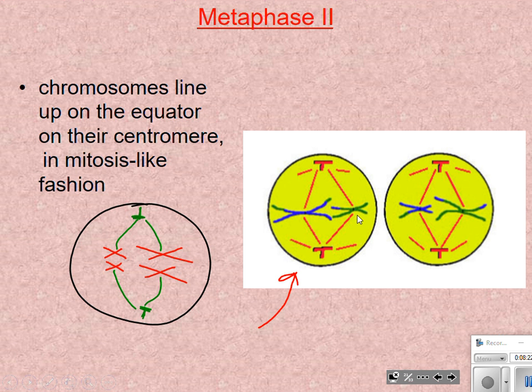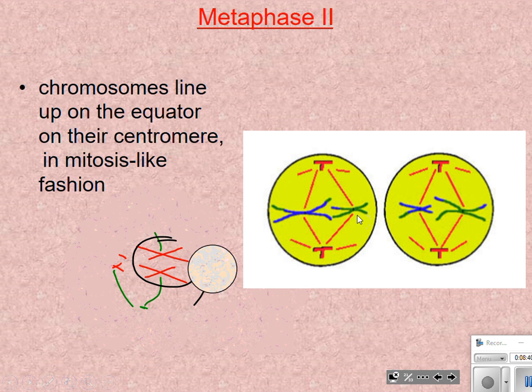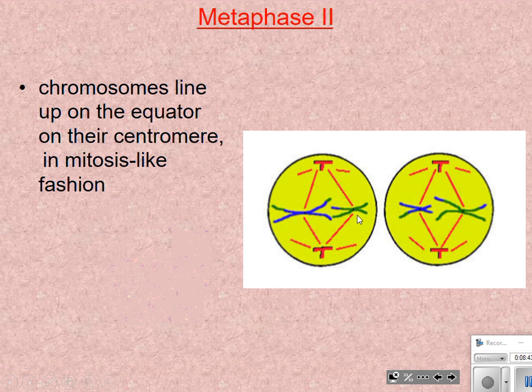Are those homologs? No, they're not homologs anymore. The two X's are not side by side like they are right here. So these are the homologous pairs. They're no longer homologs. They're sister chromatids. So those sister chromatids are now going to start to spread apart, and it's going to be more like the process we saw in mitosis. So this is a more mitosis-like fashion, like the slide says up there.